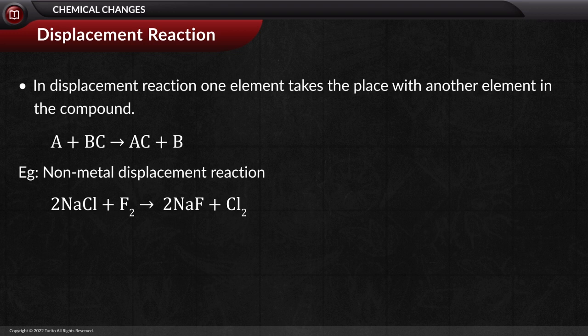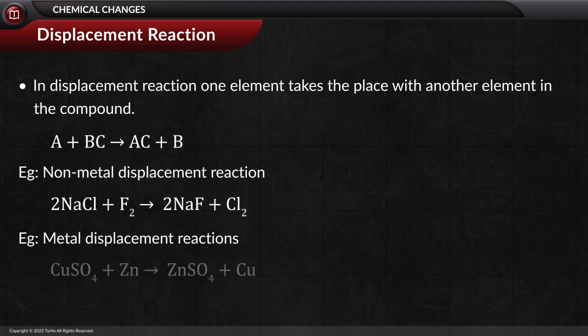Also, there is a metal displacement reaction where, like in the nonmetal displacement, a more reactive element replaces a less reactive element, but the only difference is that in this, a metal is being displaced, while in the earlier one a nonmetal is being replaced. For example, metal displacement reactions are the reaction of CuSO4 with Zn, forming ZnSO4 plus Cu.